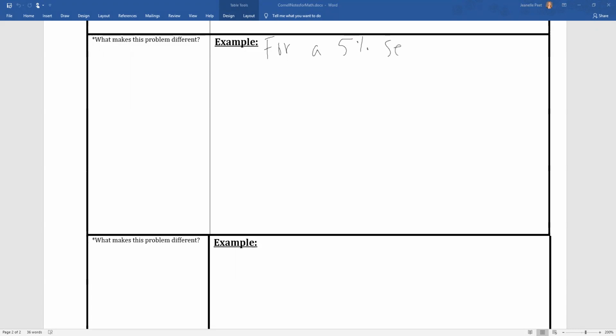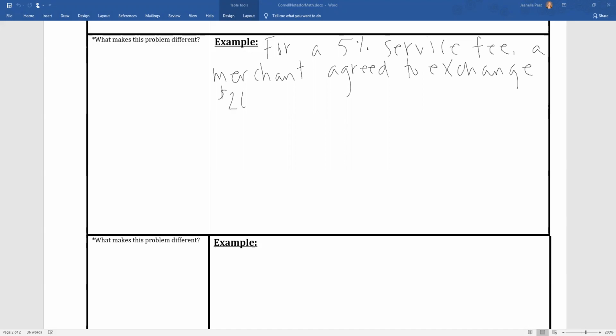For a 5% service fee, a merchant agreed to exchange $20 for 2,400 yen.